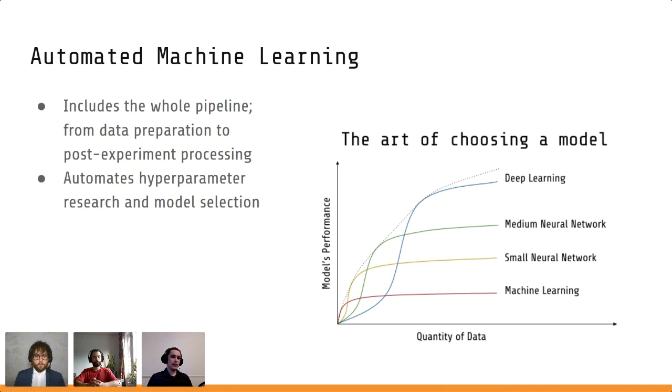So, for instance, if you have, let's say, only like 1,000 documents on which you want to fit something, you probably would like to use some machine learning algorithms or a very small neural network rather than a deep learning algorithm, if you don't have access to a pre-trained deep learning algorithm, for sure.